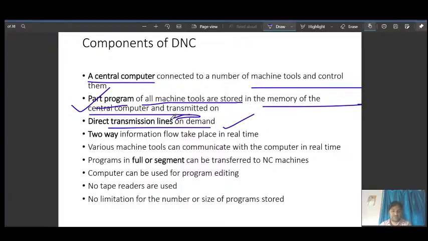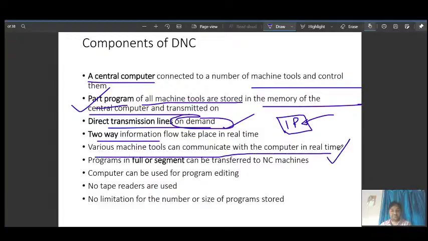On demand means if production of one type of part is over, the next operation can be loaded directly from the central computer. With two-way information, the various machine tools can communicate with the computer in real time. The program, in full or in segments, can be transferred to the NC machines. Yes, the full program or some part of the program can be transferred.